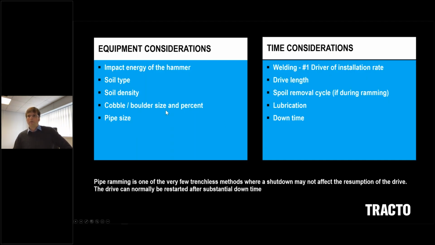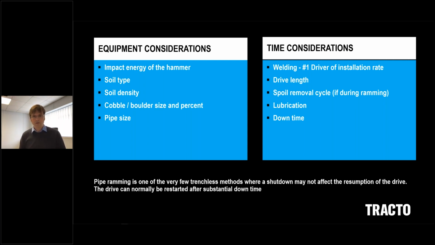There's a good number of considerations when you start planning for a ramming job. First and most important, two considerations to remember: even though the soil displacement is minimal, it still requires soil displacement.